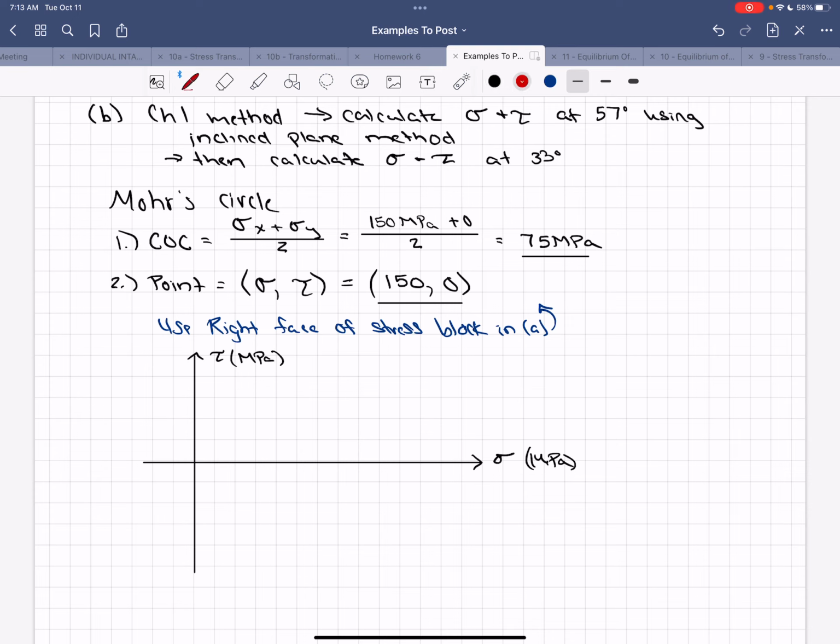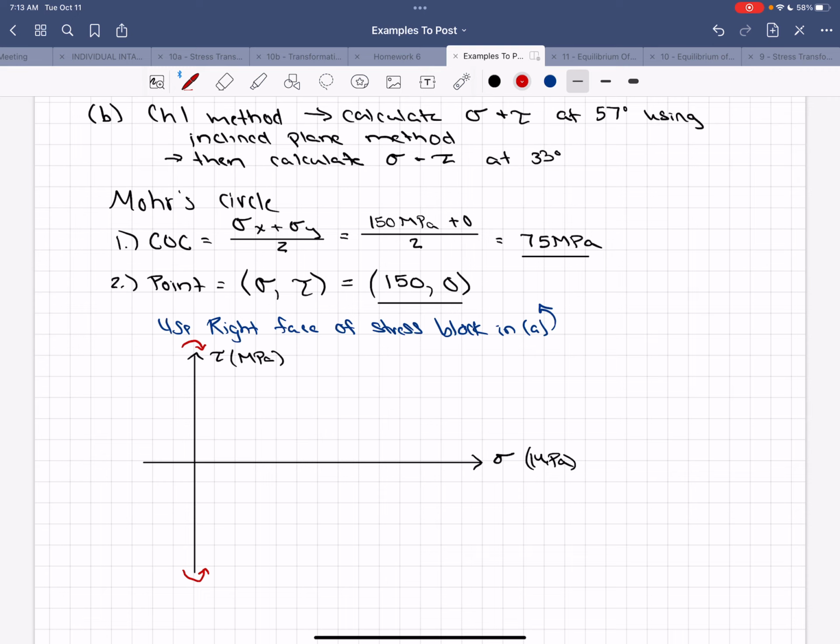We draw our little arrows to help us with our plotting. Shear stress above the sigma axis, we'll rotate that face clockwise. Shear stress below the sigma axis, we'll rotate the block counterclockwise on a given face.